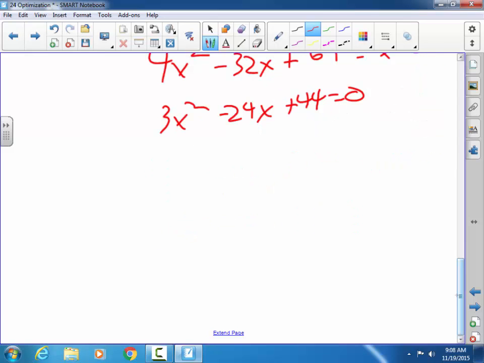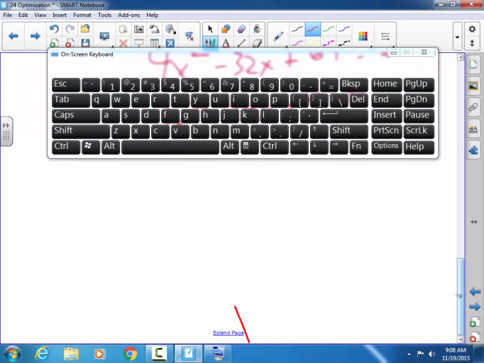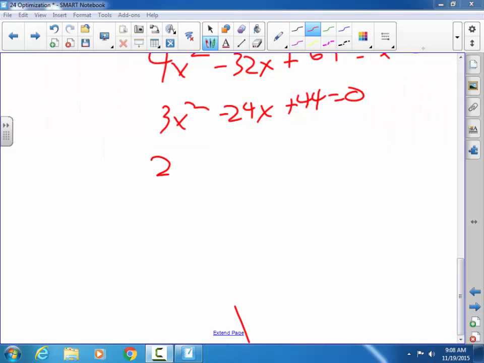So I'm going to do plus or minus negative b. Oh, I don't want to type. 24 plus or minus the square root of 24 squared minus 4 times 3 times 44.